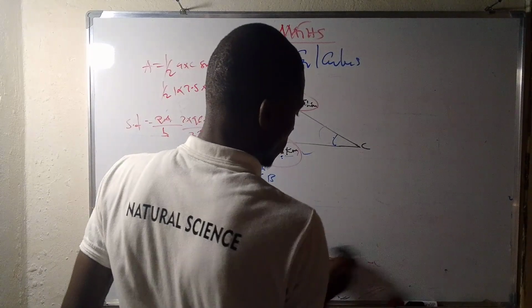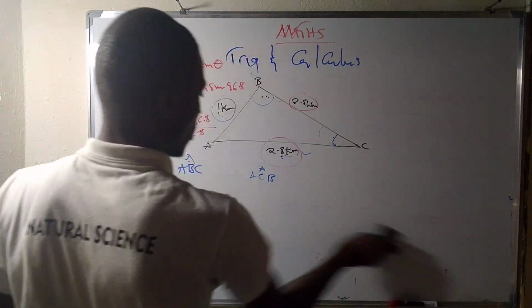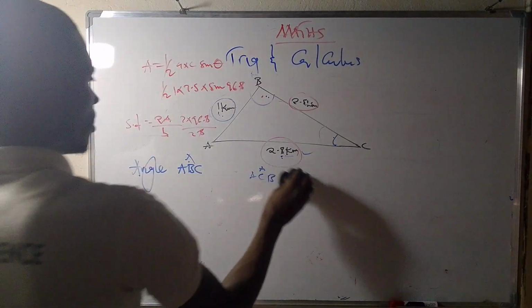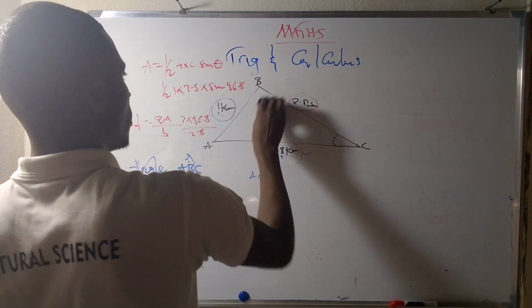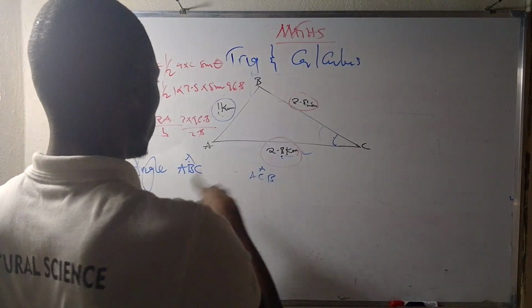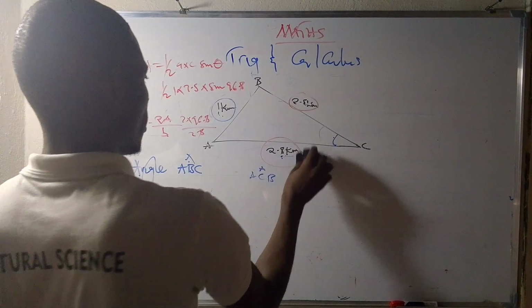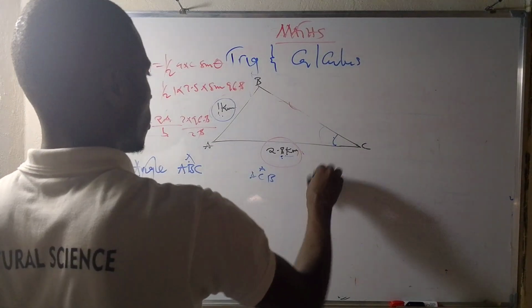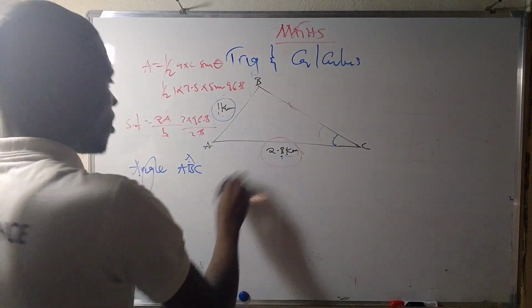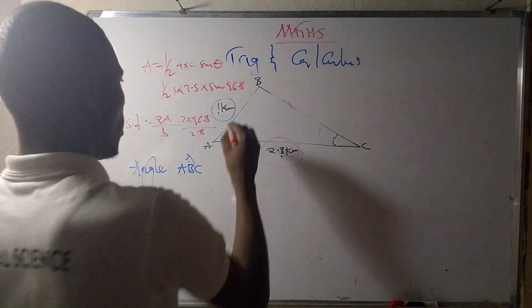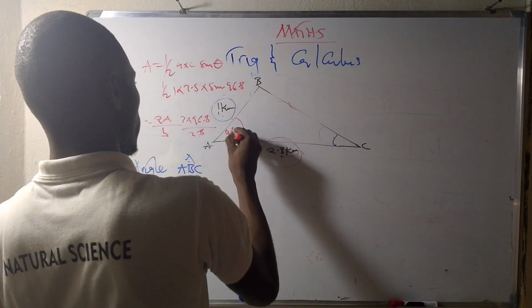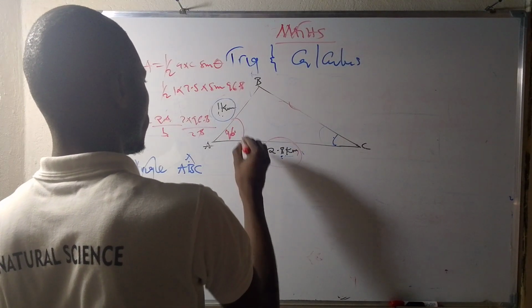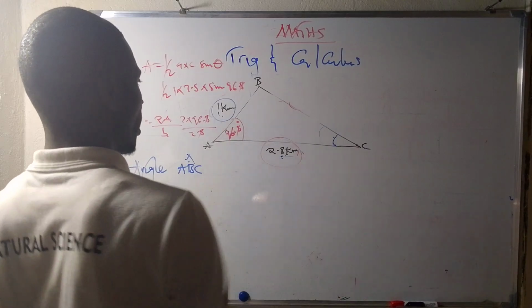Okay, people, so that is the other part. Then the other part, let me explain using the same things I have. Let me just remove this side. Then I'll put 96.8 here as my angle.